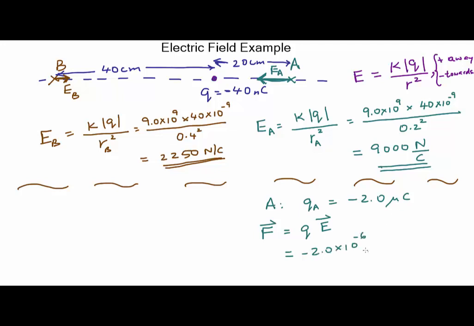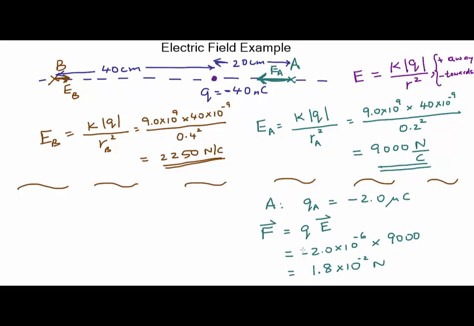Micro is negative 6, so I've converted that to Coulomb, and I multiply that by this 9,000 Newton per Coulomb, and remember that that electric field points to the left. And when I simplify this, I get an answer of 1.8 times 10 to the negative 2 Newton.